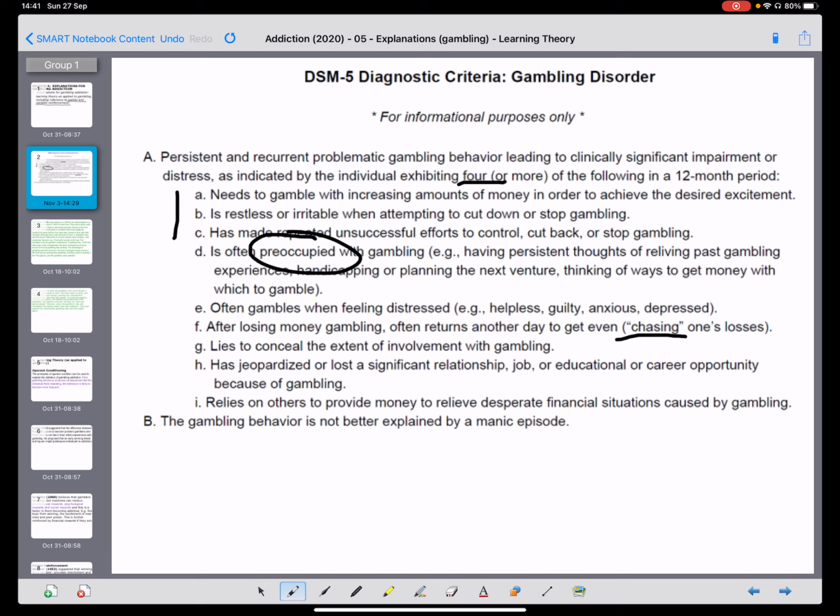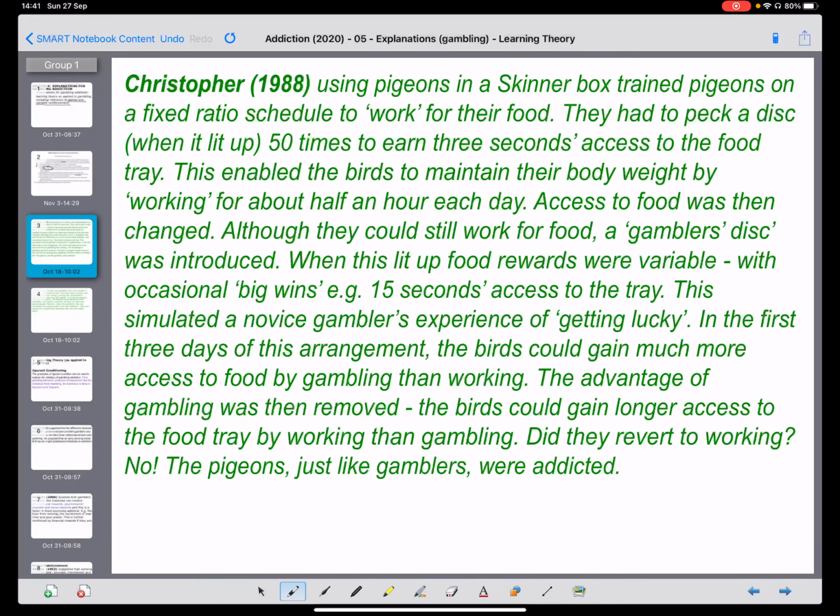Now, one of the things I like to do is to find some obscure research to help you see how learning can be applied to addiction. And for this, I have access to a study by Christopher. I also quite like the idea of pigeons gambling. Now, of course, this is not examinable.